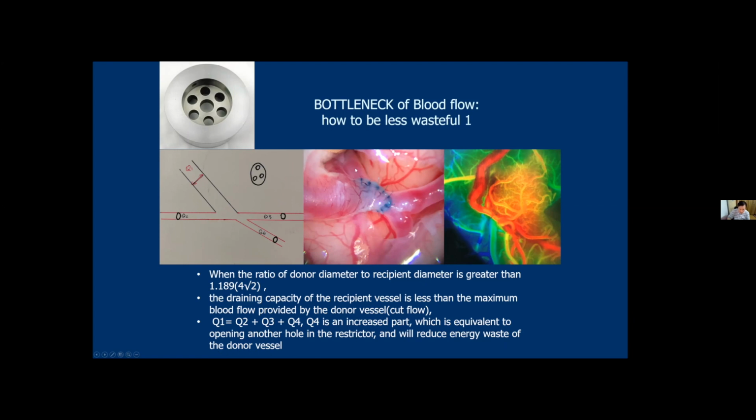So I prefer to use the stoma located along near the bifurcation of the recipient artery. This can make the recipient artery drain the blood flow more efficiently, like this way.